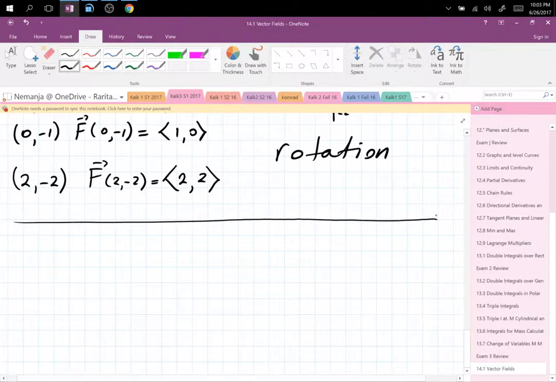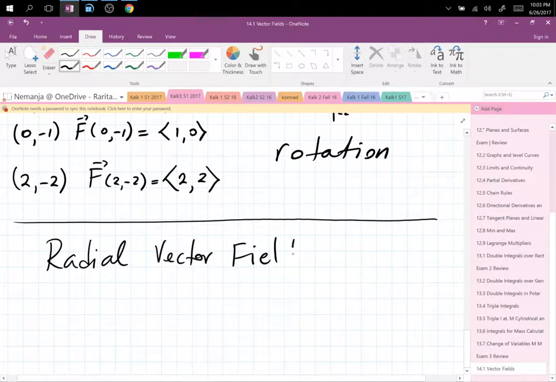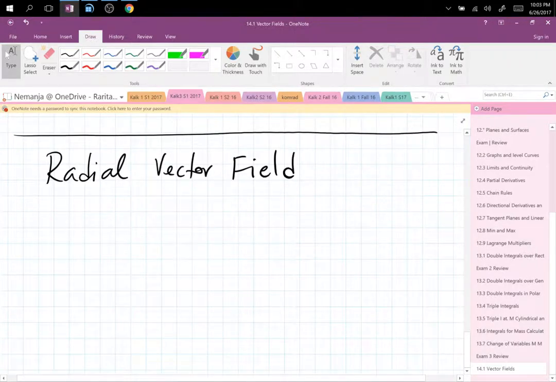So now I can talk about a radial vector field, which you can think of as a source in the middle, and then it just radiates out.